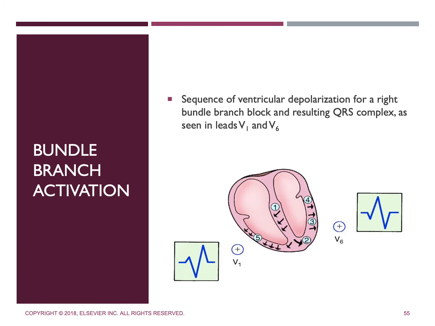So what you're seeing here is a sequence of ventricular depolarization for a right bundle branch block and resulting QRS complex as seen in leads V1 and V6. So as you can see, bottom left V1, a little bit to the right there is V6. So with a right bundle branch block, the electrical impulse is going to travel through the AV node and down the left bundle branch into that intraventricular septum.